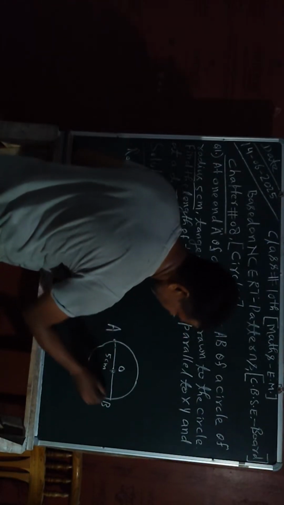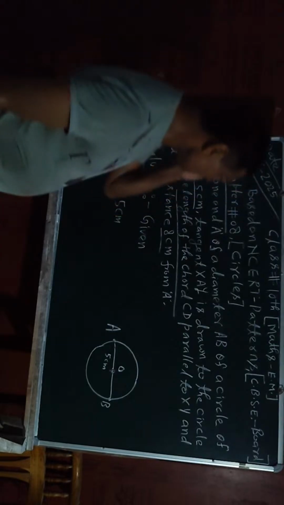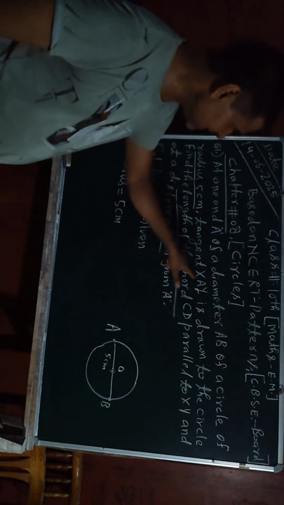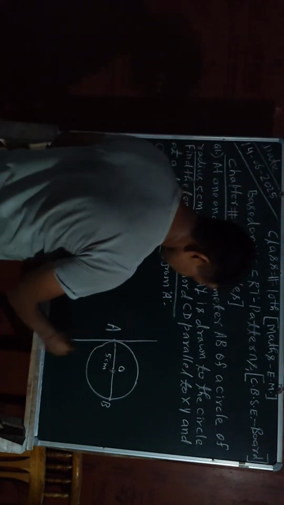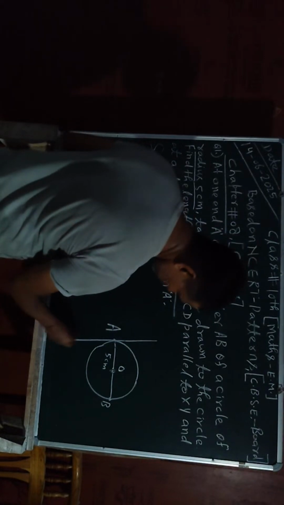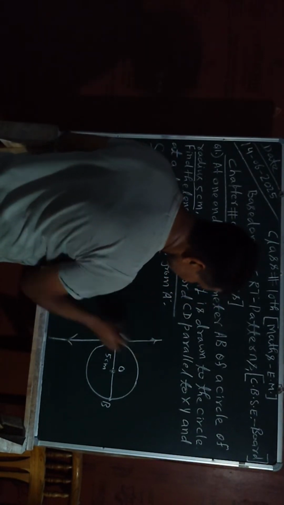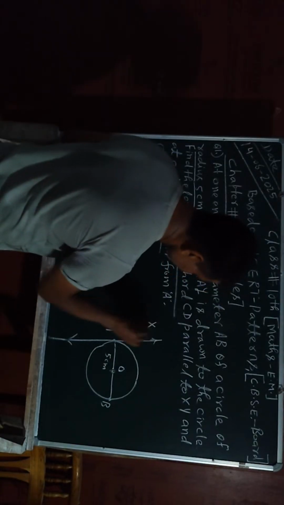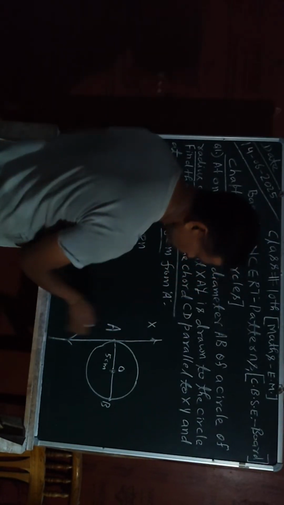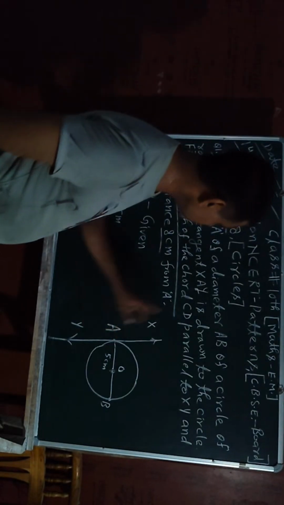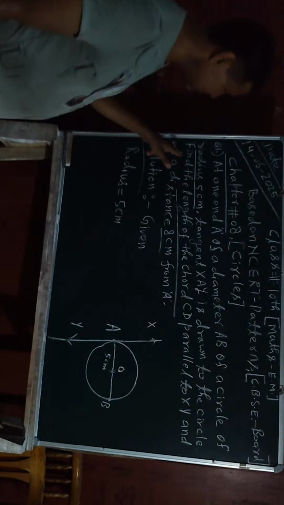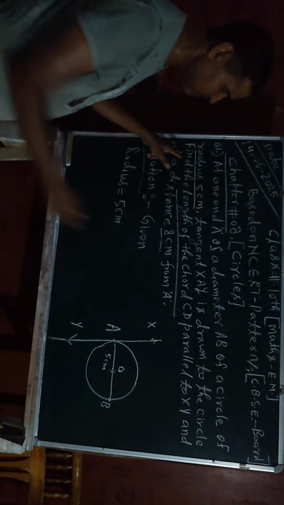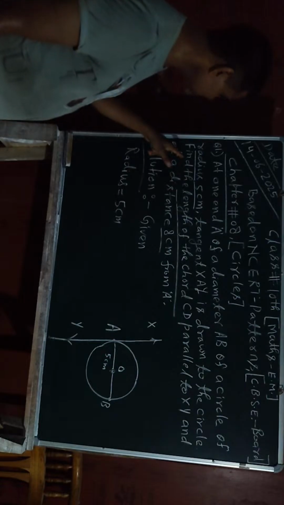One end point is A and the other end point is B. Now I have to draw a tangent XAY, and that tangent will meet the circle at the point A. This is a tangent at the point A. I have already drawn it to the circle. Now one additional piece of information is given, and I will read it and place it in the figure.